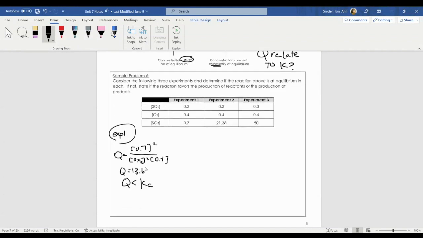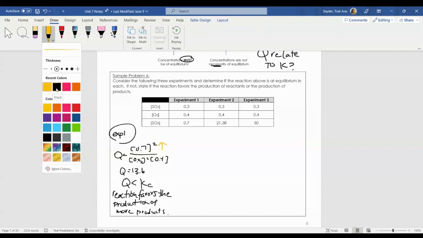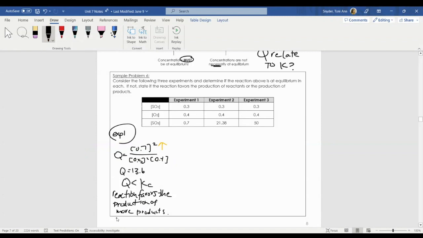So we know that this reaction favors the production of more products. In order to get Q to equal 2700, I have to make sure that my products' concentration is significantly higher, and to do that, it's going to produce more products. So in experiment 1, we are not at equilibrium. In fact, the forward reaction is going to be favored. So we'll say forward is favored.